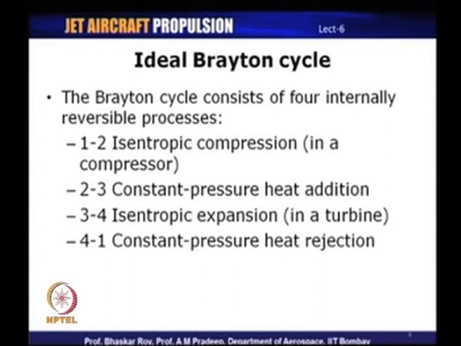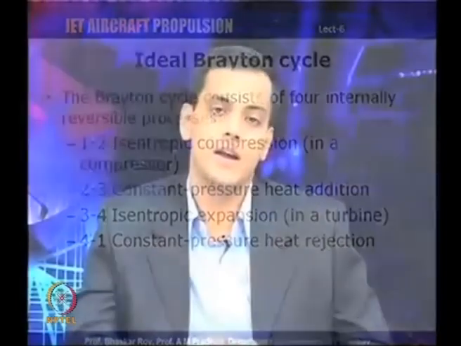So, these are the 4 different processes which constitute an ideal Brayton cycle, and in an ideal Brayton cycle all these processes are internally reversible, in the sense that there are no irreversibilities occurring within the system. There could be irreversibilities outside the system, but we are not really concerned about that.